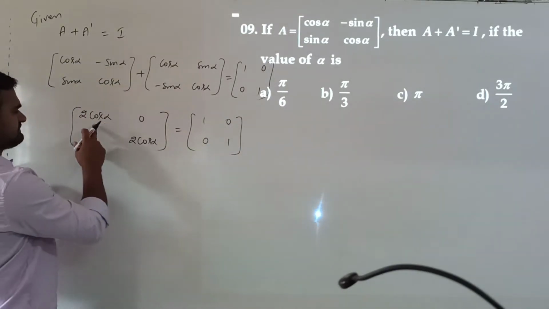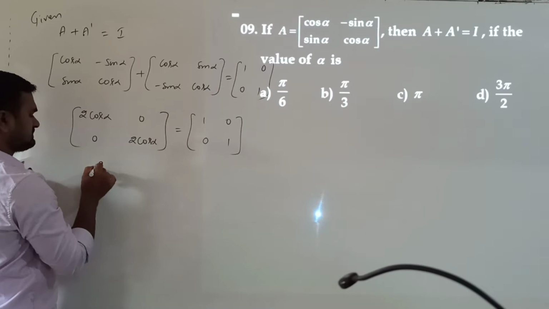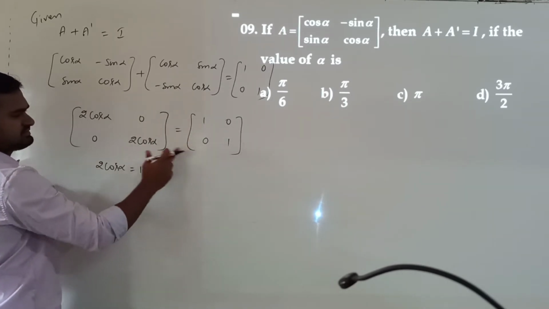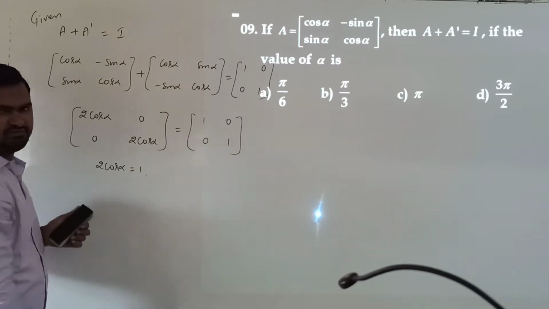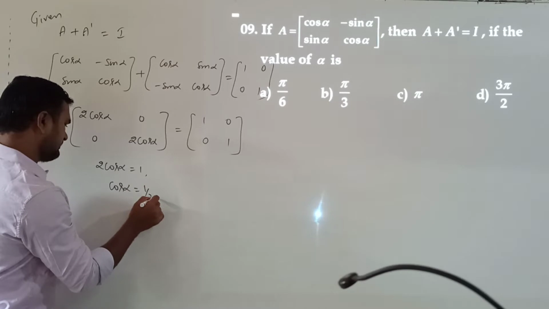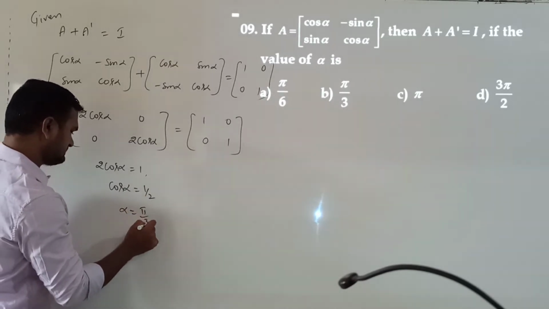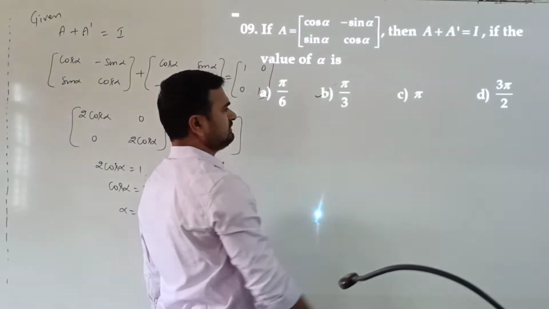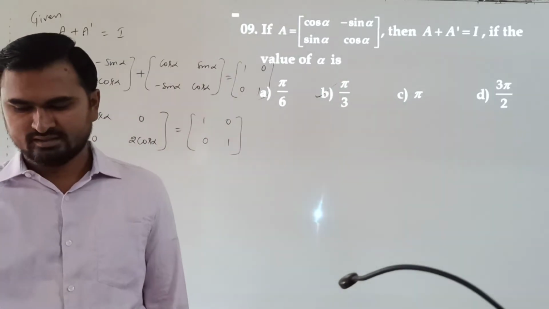So equating the corresponding elements, 2 cos alpha is 1, 0 equal to 0, 0 equal to 0, 2 cos alpha equal to 1. So same equation we get. Solving this, cos alpha is 1 by 2, so alpha is pi by 3. So second option will be correct. So the next question.